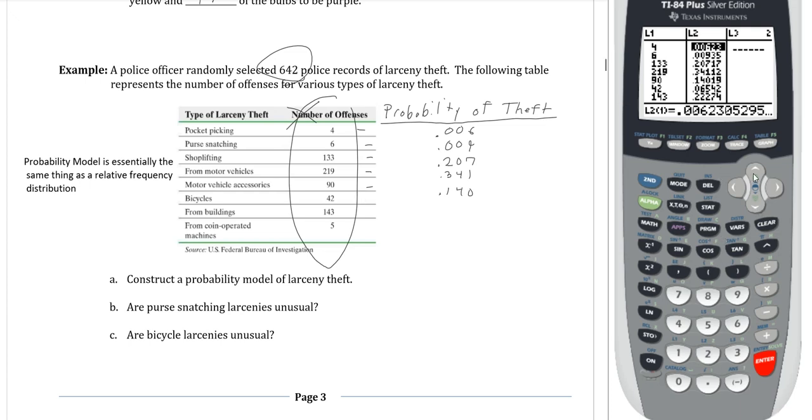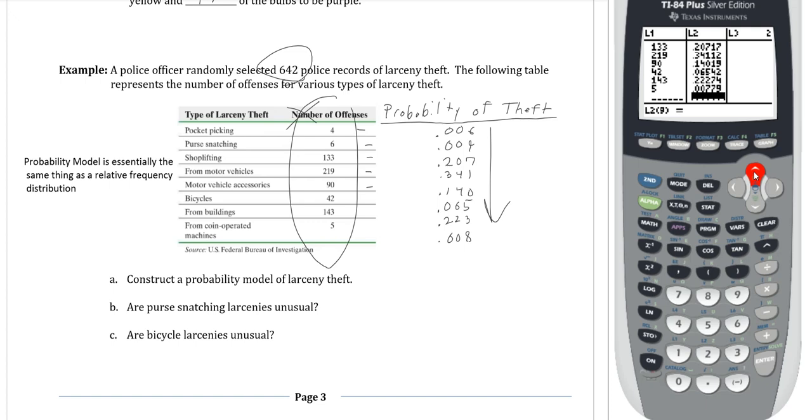So I'll scroll down a bit. 0.065, 0.223, and 0.008. So these would be my probabilities, which I can also change into percentages if need be. But remember, you can represent probabilities as decimals too. So that would be my probability distribution. Same thing as relative frequency.